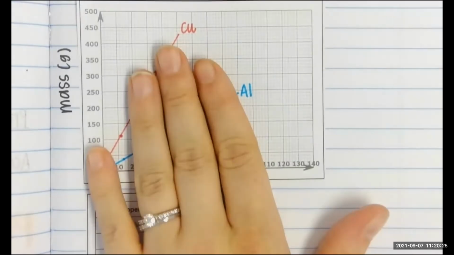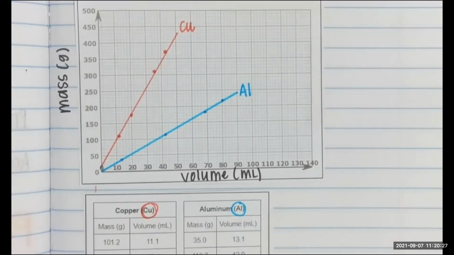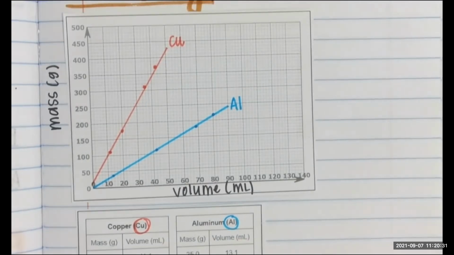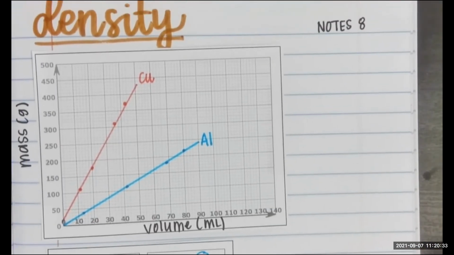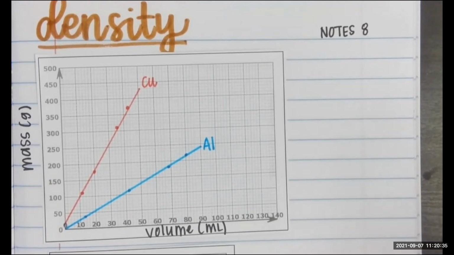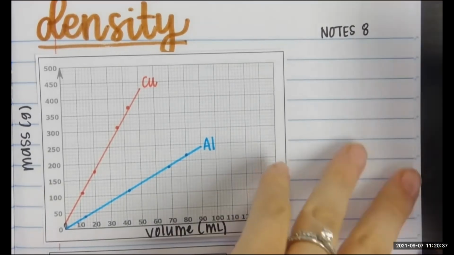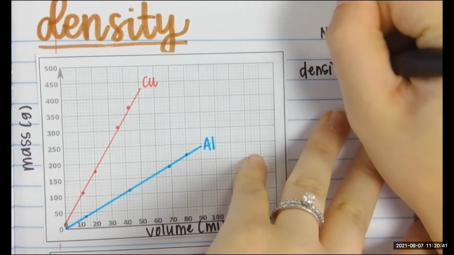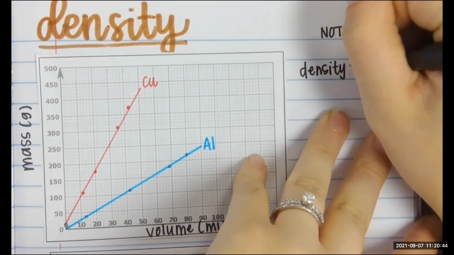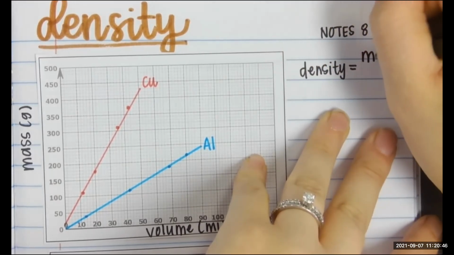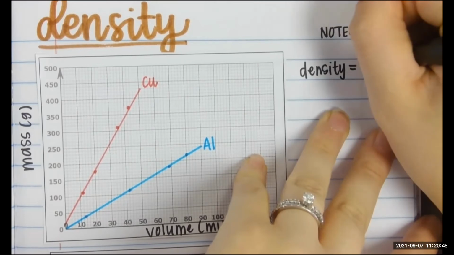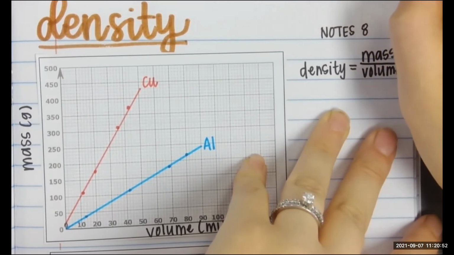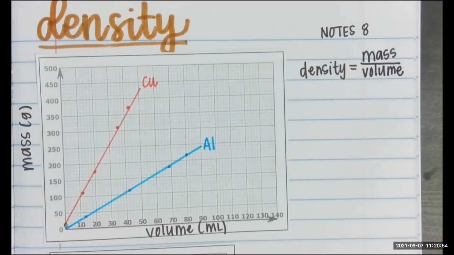So here are my points. Now, density is calculated by taking the mass of something and dividing it by the volume of space that it takes up.